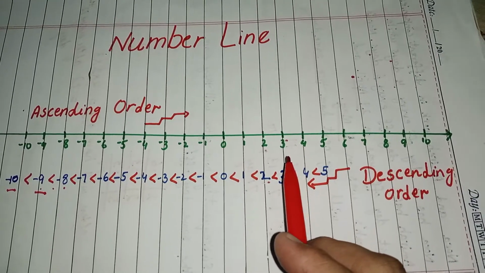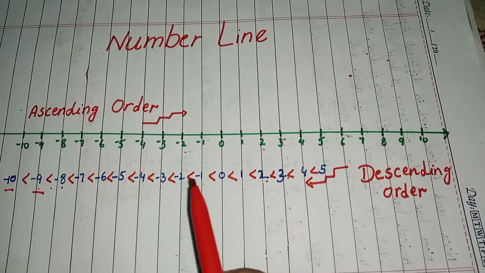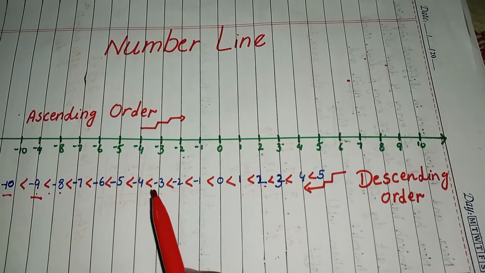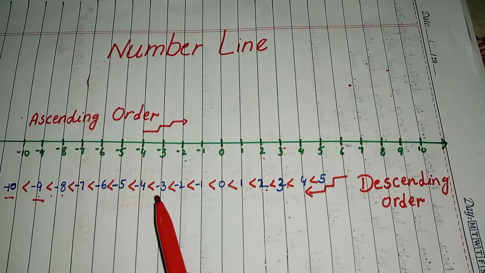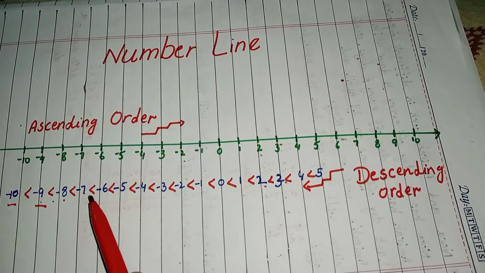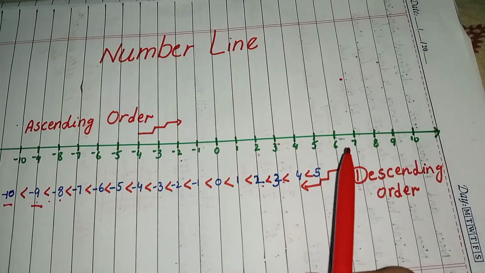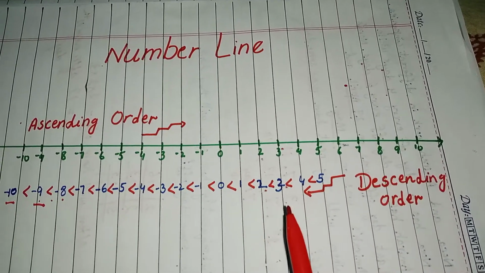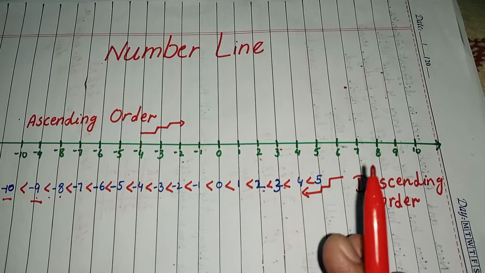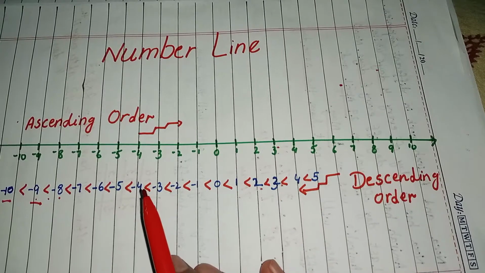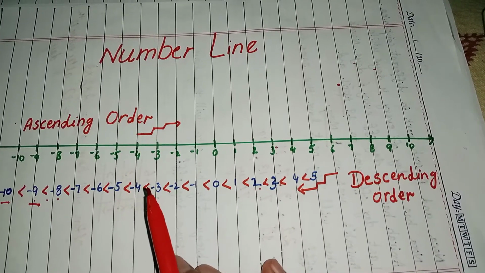A number which is on the left of another number is less than that number. So descending order is from right to left and ascending order is from left to right. Every number on our right hand side has more value than the left hand side.